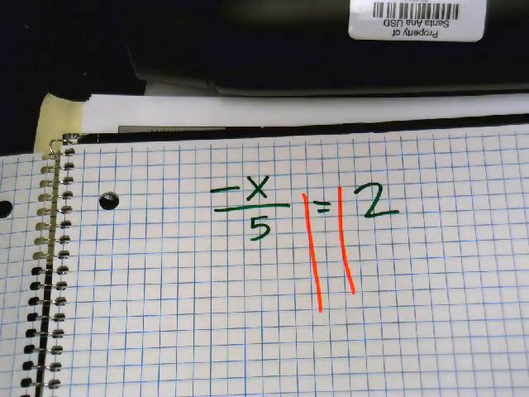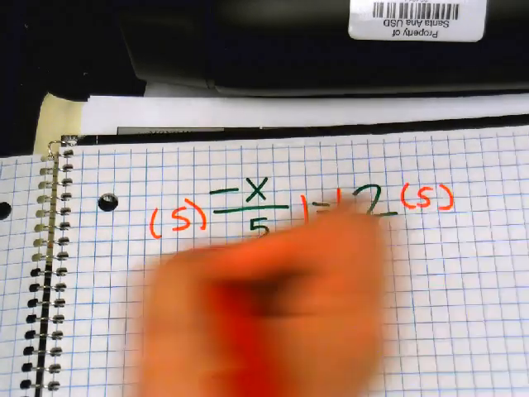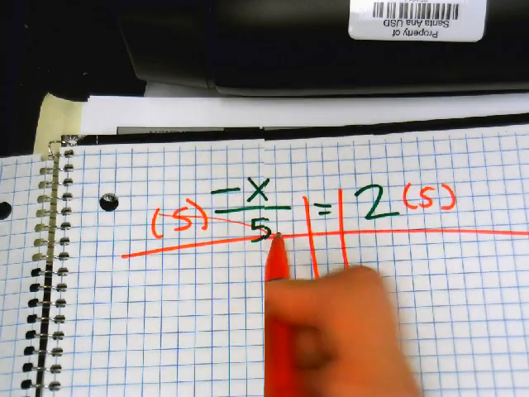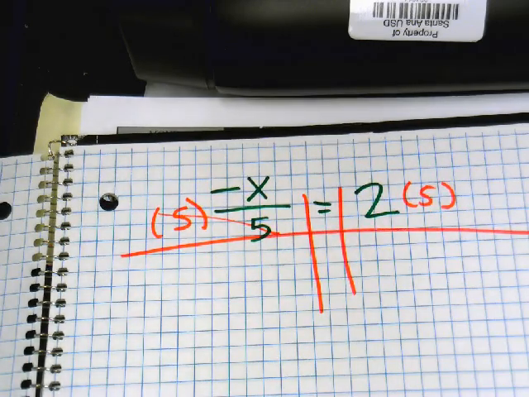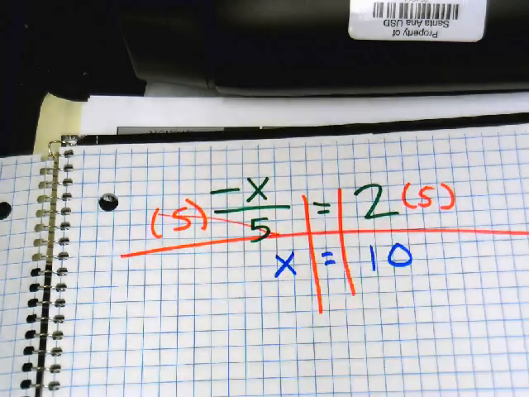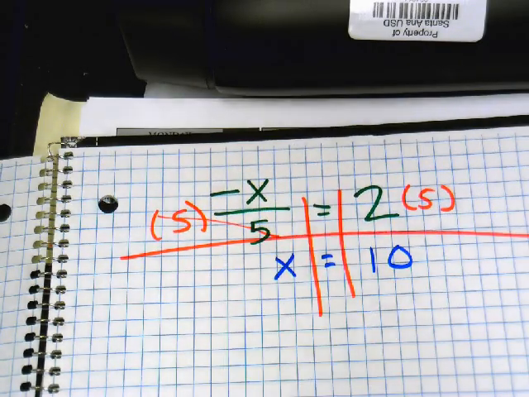Multiply, because this big line means division. So this eliminates. You're left with... Again, kids just think, oh, I just put an x. X equals 10. But when you plug it in, you get a wrong answer.